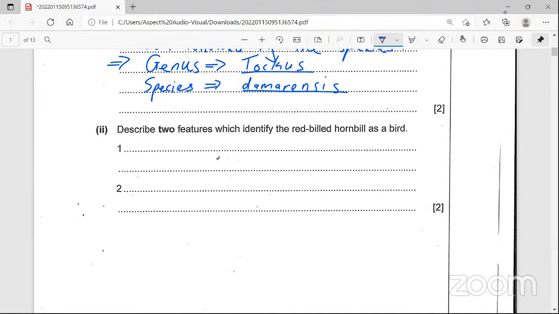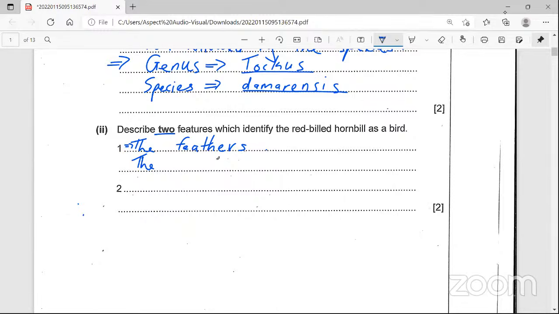Right, part 2, guys. Describe 2 features which identify the red-billed hornbill as a bird. The feathers. What else?